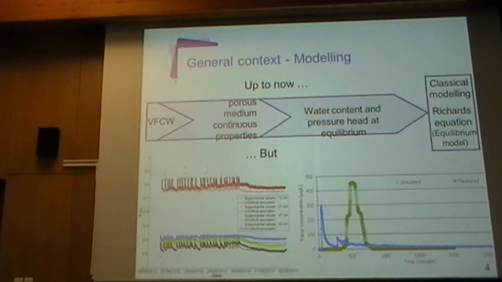But when we want to simulate the water evolution in a vertical flow constructed wetland with this model, we manage to model this water content profile at different depth of the filter. But when we carry out tracer experiment with this equilibrium model, we cannot reproduce the tracer behavior in the outflow.